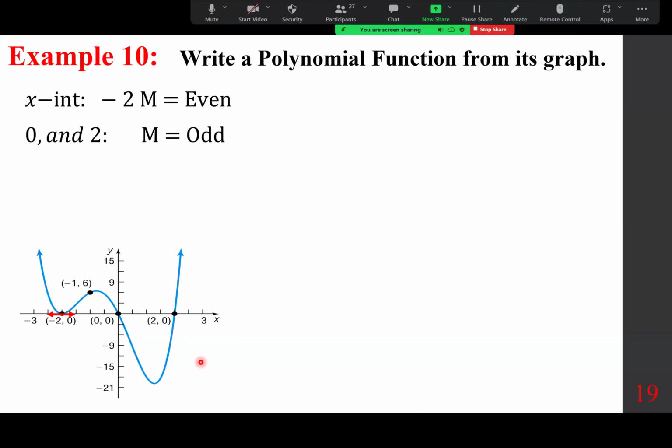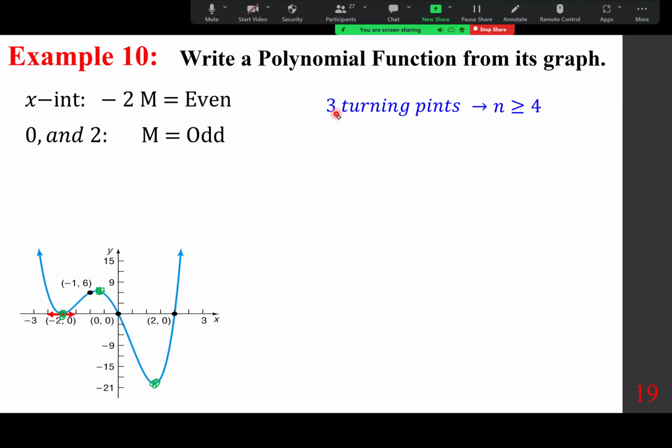We look at 1, 2, 3. This is 1, 2, 3 extrema, or 3 turning points. So n must be greater than or equal to 3 plus 1 or 4.